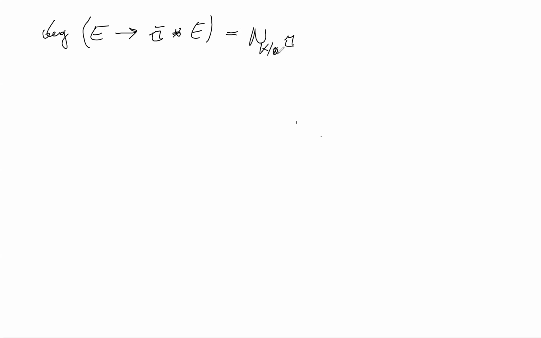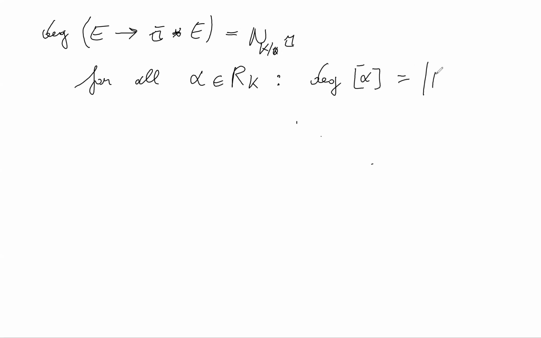Okay, it's the ideal norm of that. And then for all alpha in R, the degree of this induced map is again just the norm of the element.